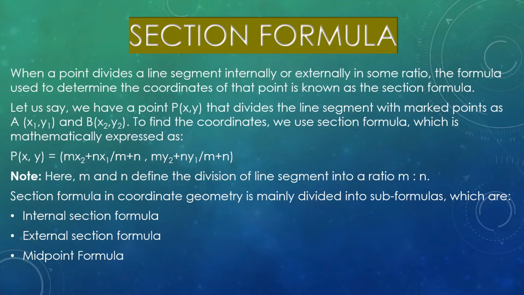Note, here m and n define the division of line segment into a ratio m is to n. Section formula in coordinate geometry is mainly divided into sub-formulas, which are internal section formula, external section formula, and the midpoint formula.